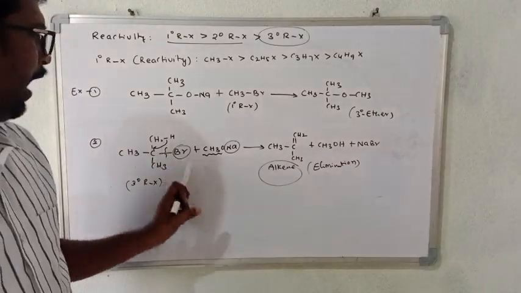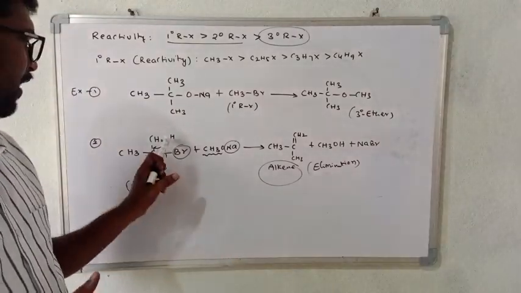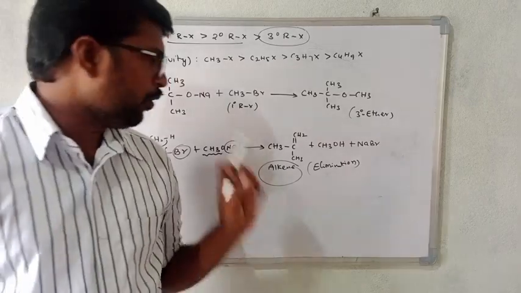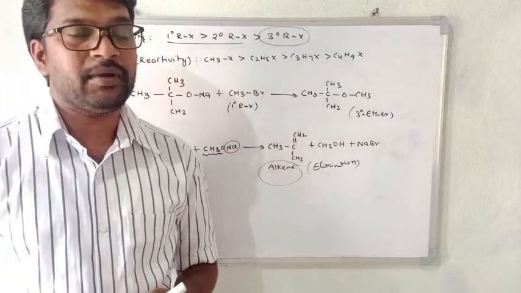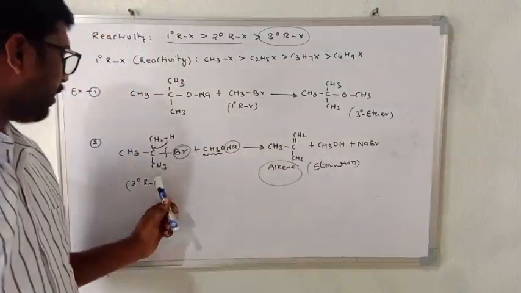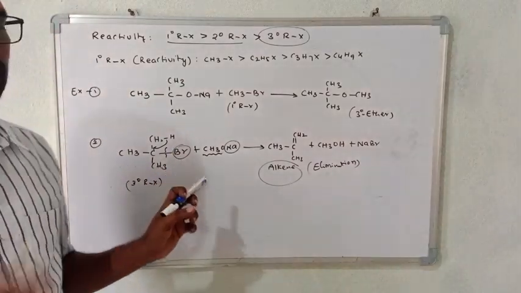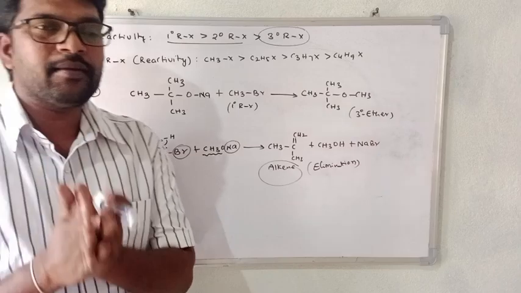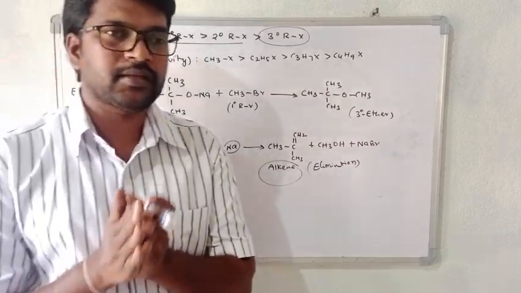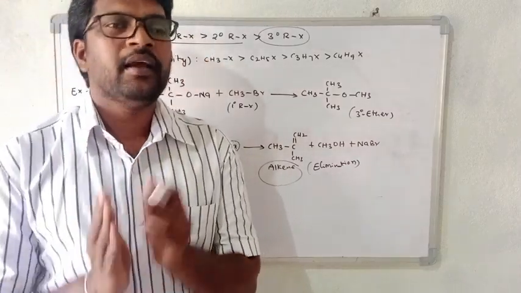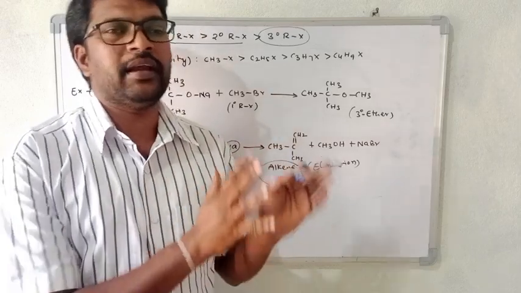It is a dehydrohalogenation reaction. Hydrogen and halogen both are removed. Dehydrohalogenation takes place whenever the alkyl halide is tertiary. So remember, a question is asked in examination from this. Williamson synthesis is for the preparation of ethers: alkyl halide reacts with alkoxide, and we get ether.